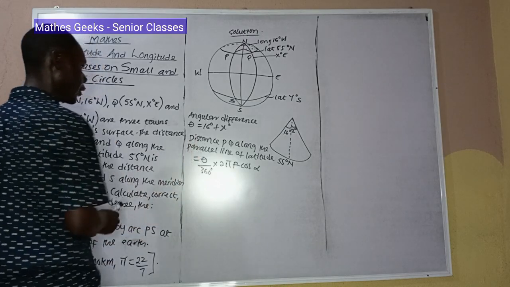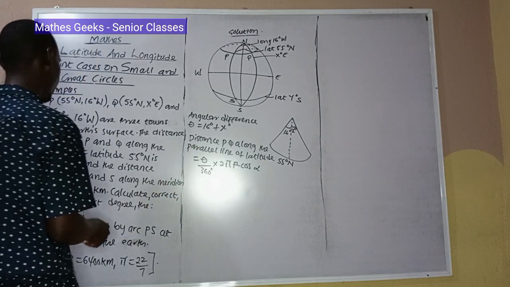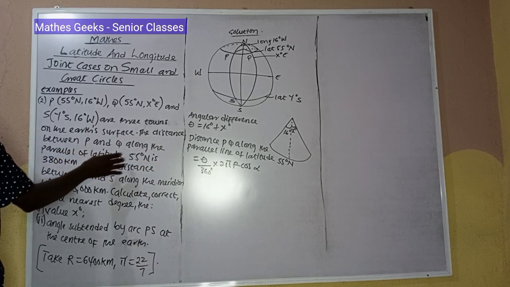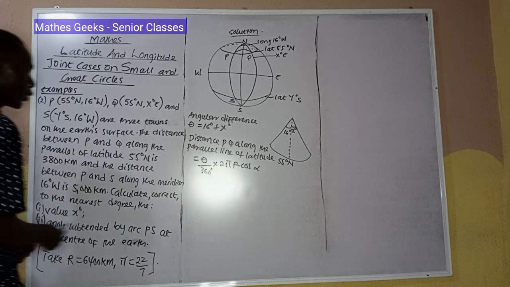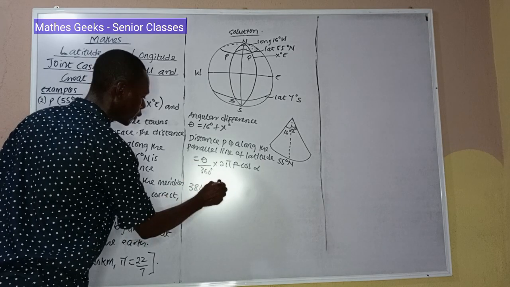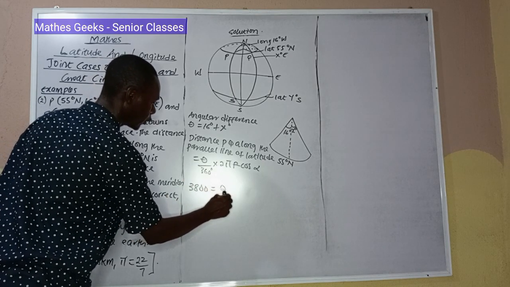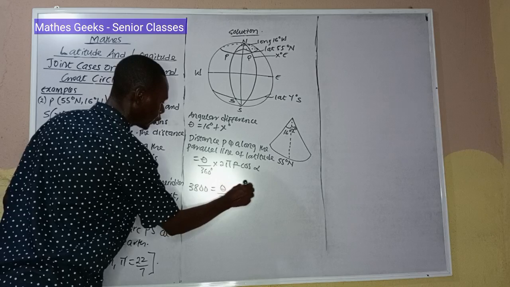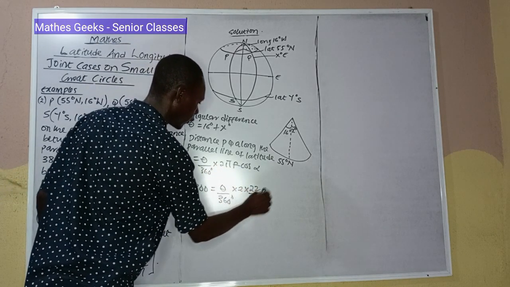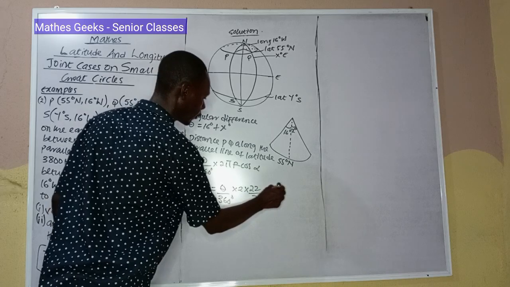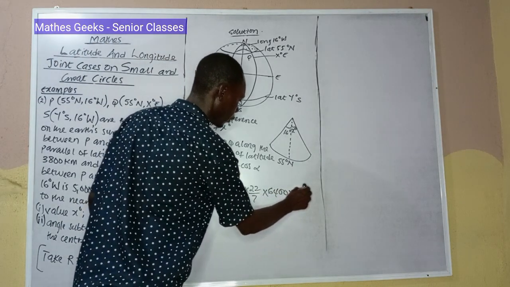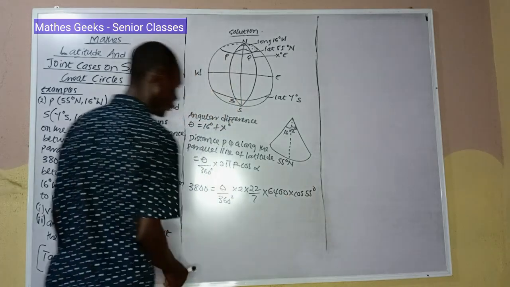We're given the distance PQ along the parallel of latitude 55 degrees north as 3,800 kilometers. So 3,800 is equal to theta over 360 degrees times 2 times 22 over 7 times 6,400, the radius of the earth, times cos 55 degrees.